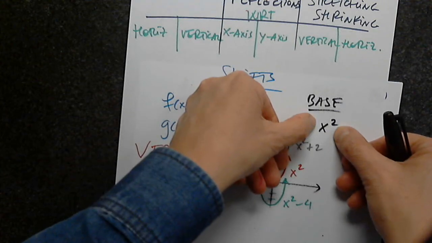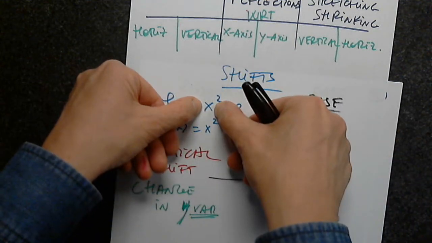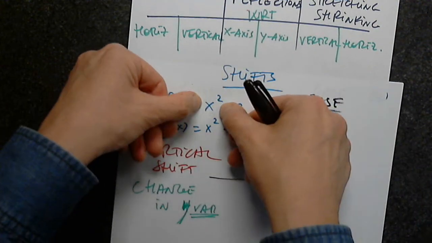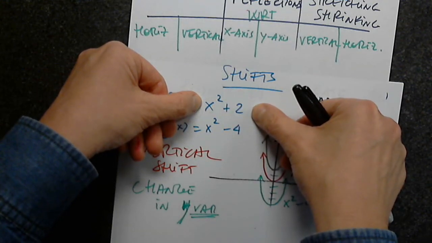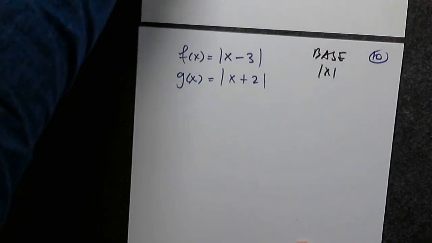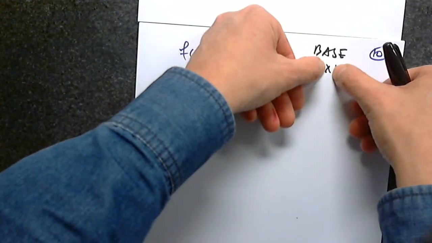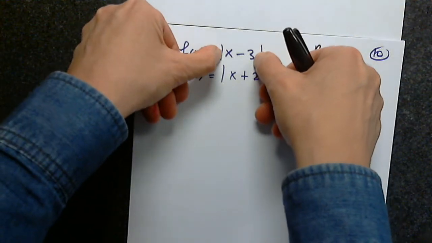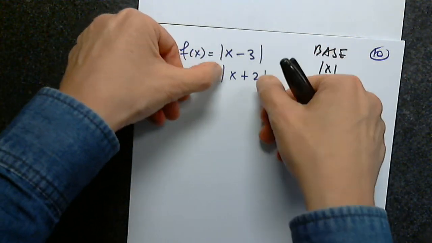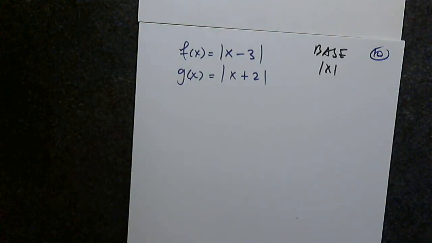Here I had x squared, and x stayed the same. X squared and x squared were the same. So the change happened outside of x. But this time, the function is the absolute value of x. The argument in this function is changed into x minus 3, and respectively, x plus 2.